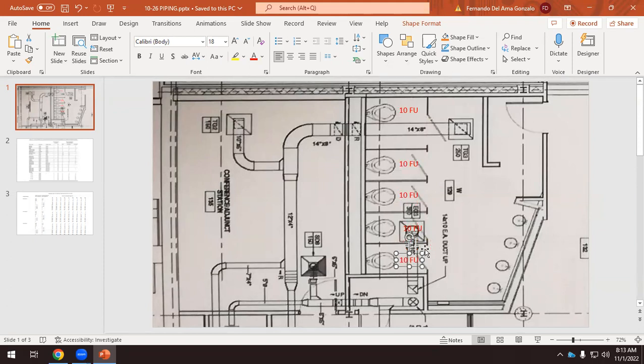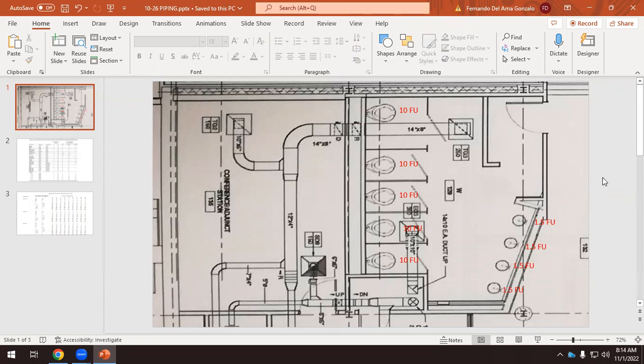And let's start with the cold water. Here we will have one half. Let's say 1.5 fixture units.